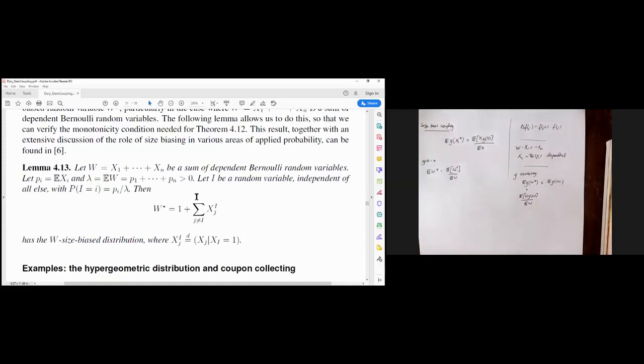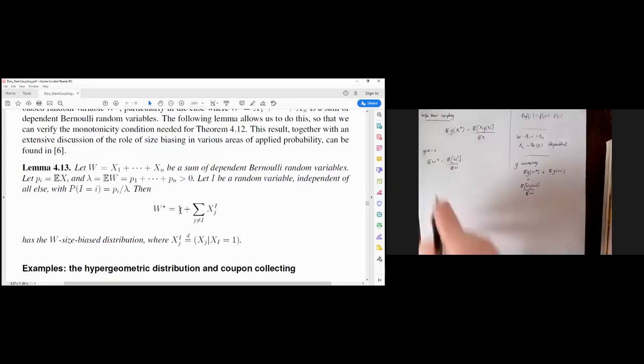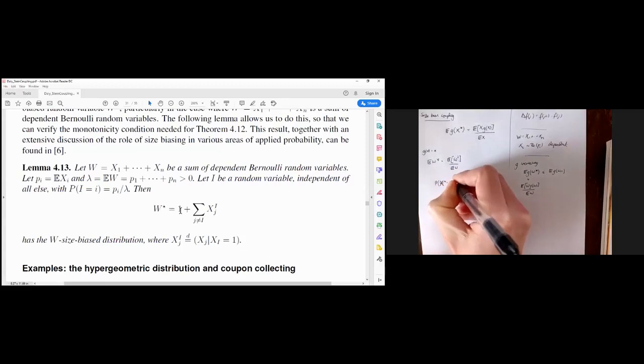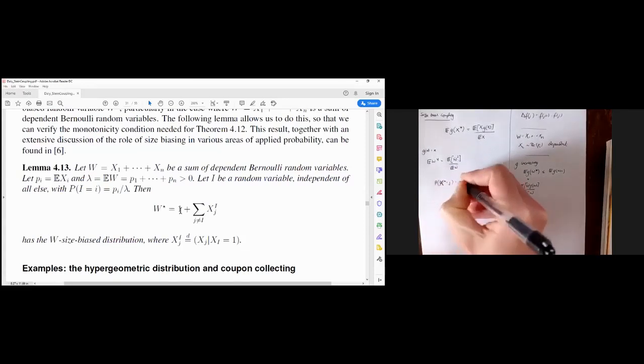So first of all, how do I size bias a Bernoulli? Size biasing a Bernoulli is particularly simple because we saw that the probability that my size bias version is equal to j, in this nice discrete setting, is just j times the probability x equals j divided by the mean.